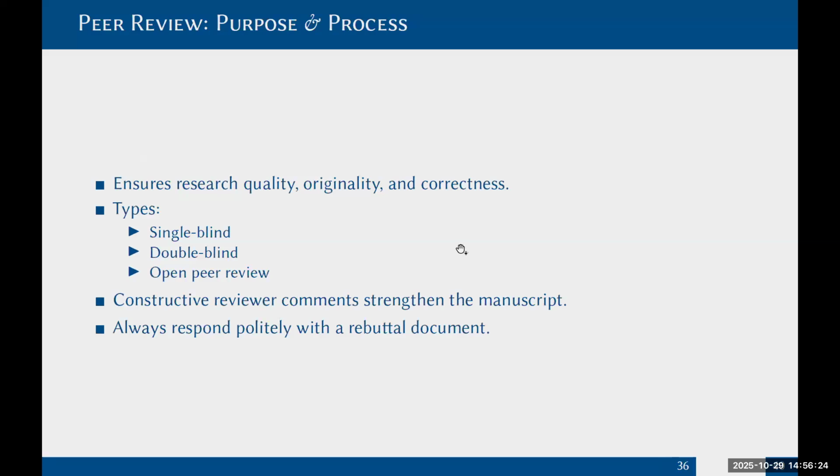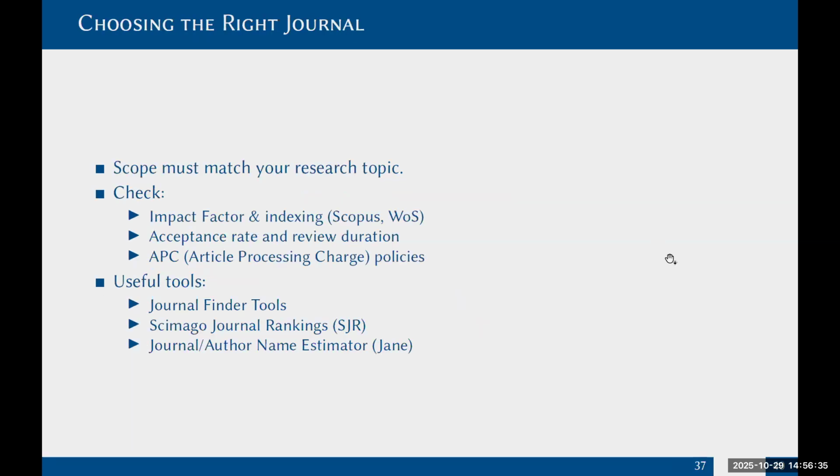Peer review is very important. Constructive reviewers' comments strengthen the manuscript, so always respond politely to their comments. When choosing the right journal, it must match your research topic, and you should check the impact factor, indexing, acceptance rate, and review and APC, article processing charge, policies.